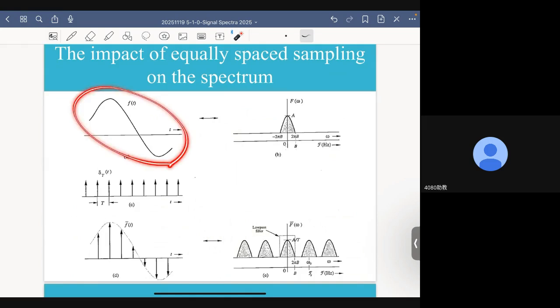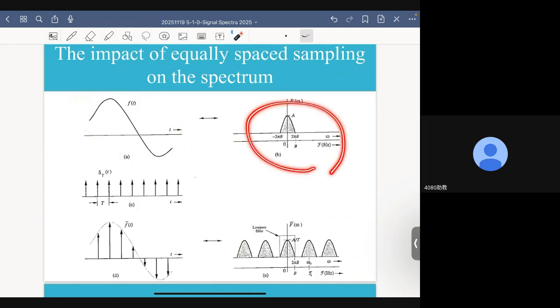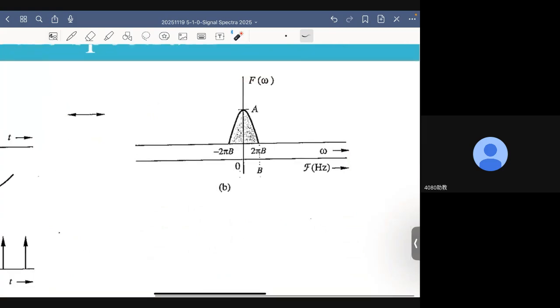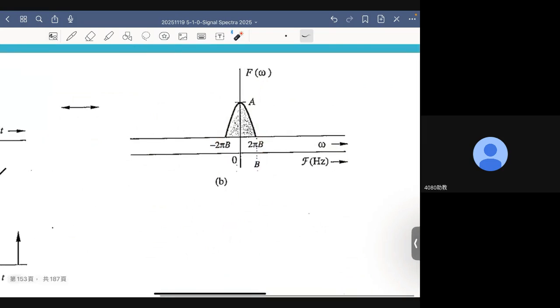Okay, let's do it. Let's say this is the signal of interest, f of t. Let's assume it is a band-limited signal, which means this is its spectrum. When I say band-limited, I mean its spectrum is limited in a certain range. The highest frequency of its frequency components is actually B hertz.